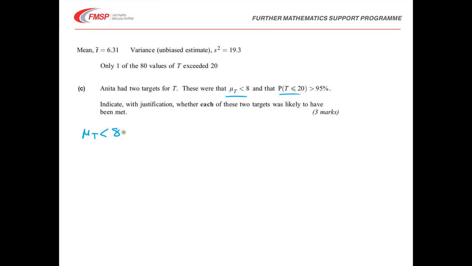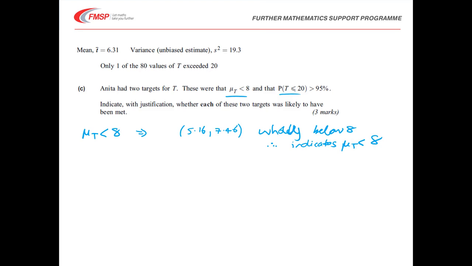As before, we can conclude that this is true because your confidence interval, 5.16 to 7.46, is wholly below 8. So therefore it infers that actually the population mean is probably less than 8.